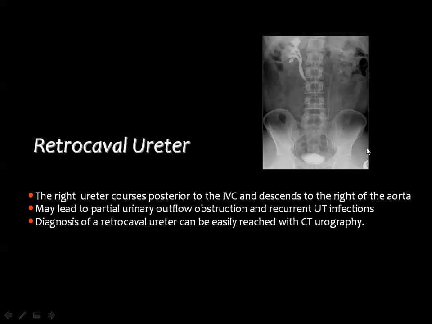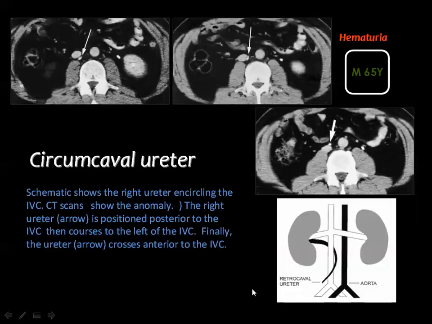In the IVC, and you can see that there is some blood pressure changes, especially on the right side, and you cannot see an obstructive lesion. In this case, the ureter may have an abnormal course posterior to the inferior vena cava. And you can see here, this is the aorta, and this is the IVC, and this is the ureter, which is now posterior to the IVC.